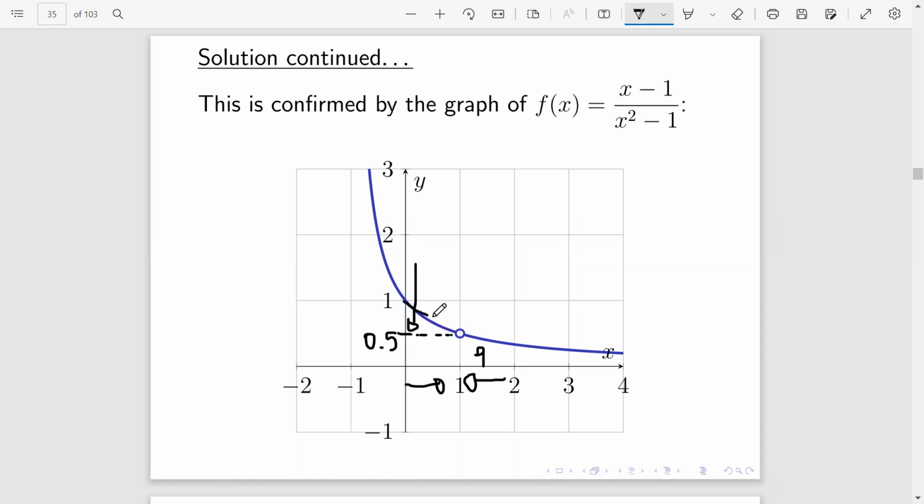The function is not defined at 1, but otherwise, when you look at the x values approaching 1 from the left, the y values are getting closer to 0.5, and when you come from the right, the y values are also getting closer to 0.5. So basically, that's the idea of limits.